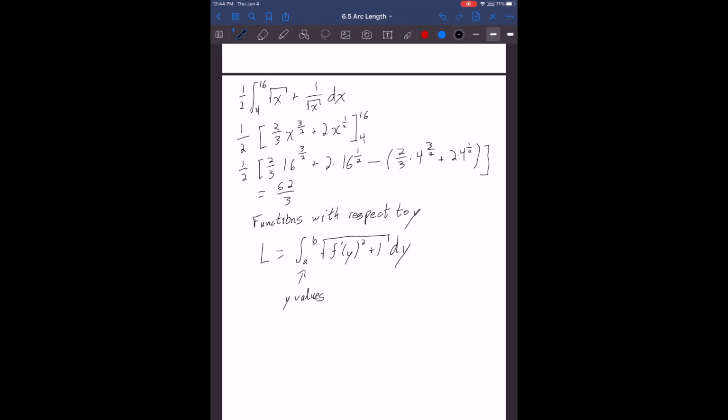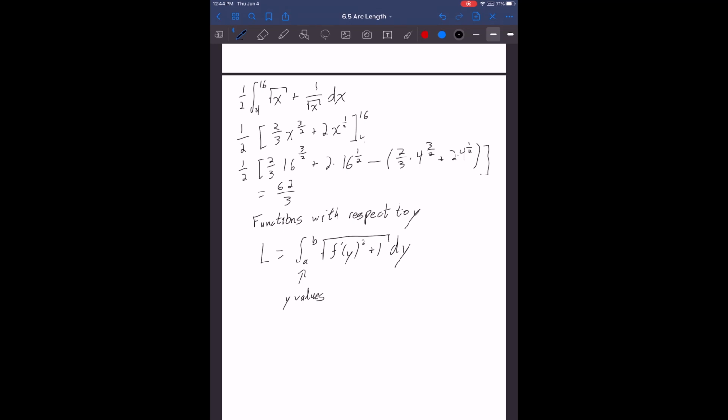There are very rare cases where the derivative function is not going to work nicely with this square root. If you can't for some reason figure out how to do it, maybe try taking the inverse of the function to get it in terms of y instead of in terms of x, and taking the integral with respect to y. That will work sometimes.